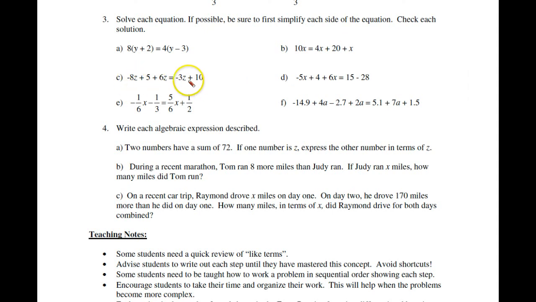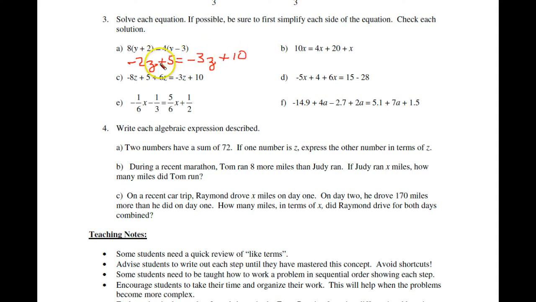Now letter C, as you look at it, you have to combine like terms. So this and this will leave me with a negative 2z and a plus 5 on this side. And this is going to be a negative 3z plus 10 on that side.